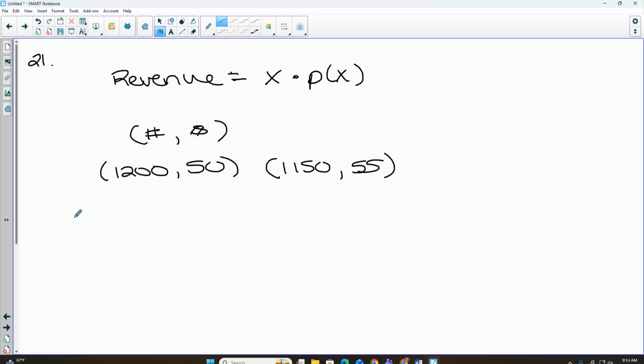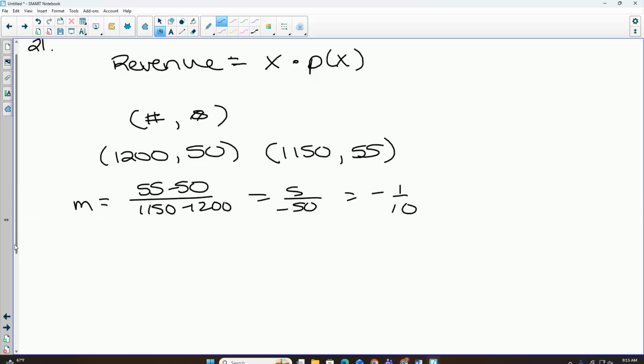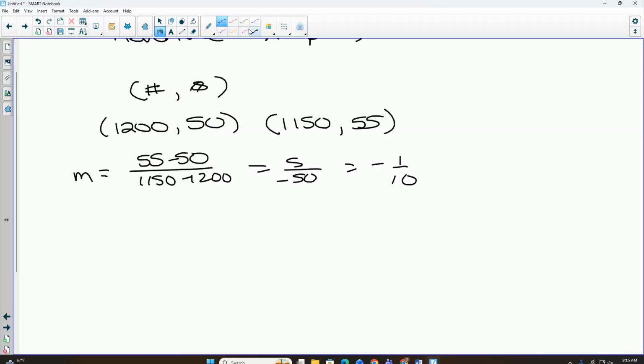So now we're writing the equation between these. Slope, y2 minus y1, over x2 minus x1. So we get negative 1/10. Plug into y equals mx plus b, so take one of the points and your slope. So y is 50 and negative 1/10, x is 1,200, plus b.